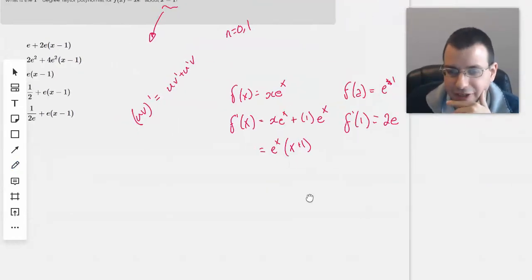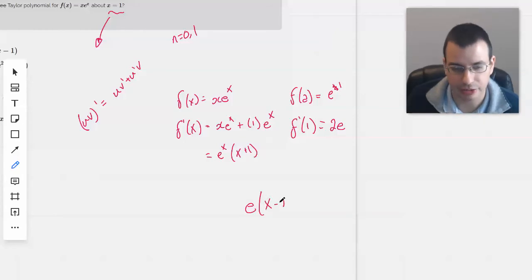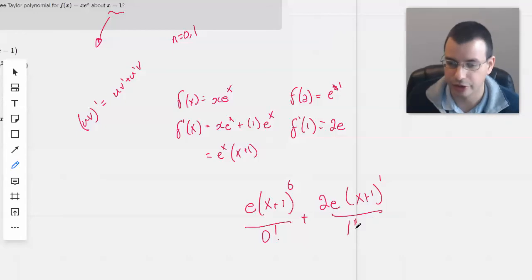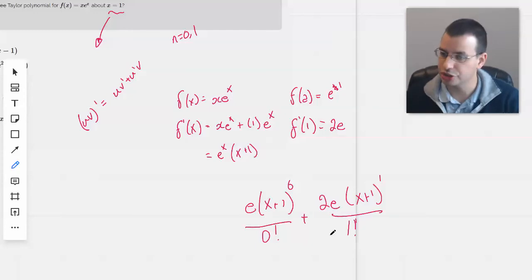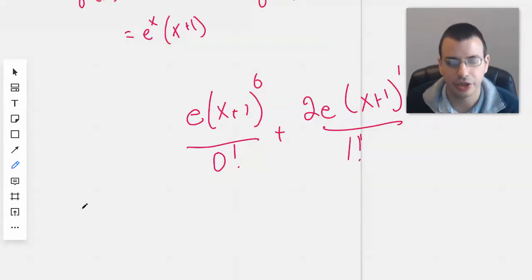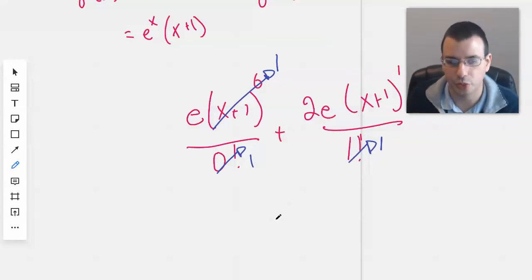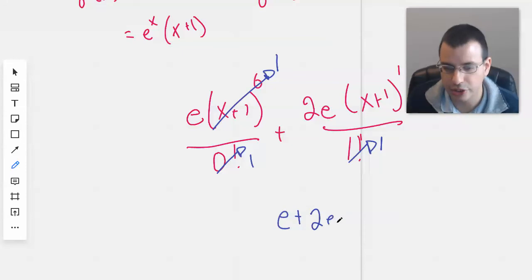And so when we put these together, we're going to have e to the first times x minus 1 to the 0, which is just going to be 1, over 0 factorial, plus 2e times x minus 1 to the first over 1 factorial. So 1 factorial and 0 factorial are both just 1. And so when we simplify this, that goes to 1, that goes to 1, that also goes to 1. We have e plus 2e times x minus 1.